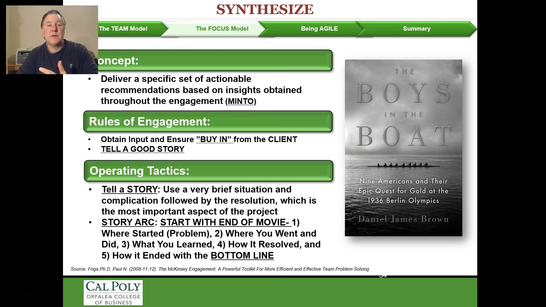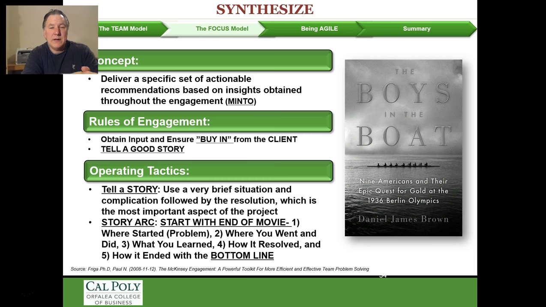And that is, you've already done your ghost slides and you followed Minto, is now you pull together a specific set of actionable recommendations based on insights that you've gained throughout the engagement. So you'll have this presentation, you'll have your upfront situation, complication, and then you'll have, boom, core recommendations. You have your support points for each recommendation, and then have your action plan.